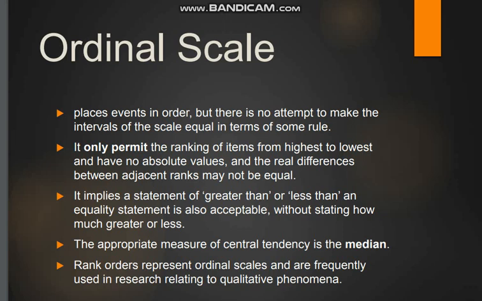As you can see on your slides, the ordinal scale places events in order, but there is no attempt to make the intervals of this scale equal in terms of some rule. The ordinal scale only permits the ranking of items from highest to lowest and has no absolute values.